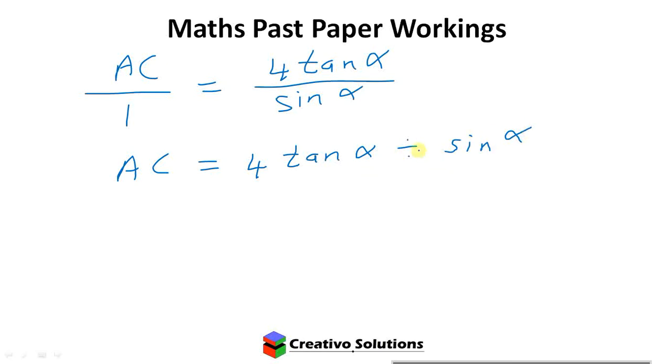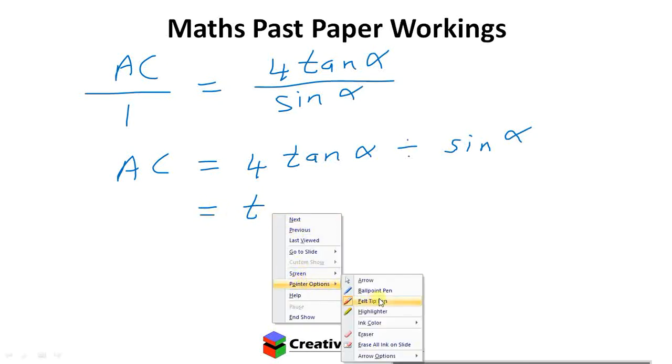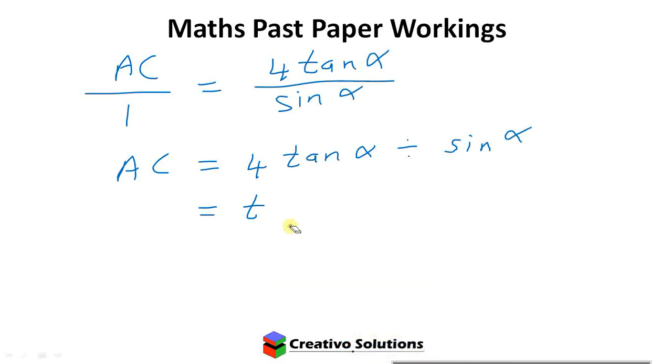If I divide by sine alpha, I can change divide to times. Let's convert tan back into sine and cos, because then I can simplify, so I can get a simple, easy, one-line answer. Okay, so that will be 4 times tan, which is sine alpha over cos alpha.